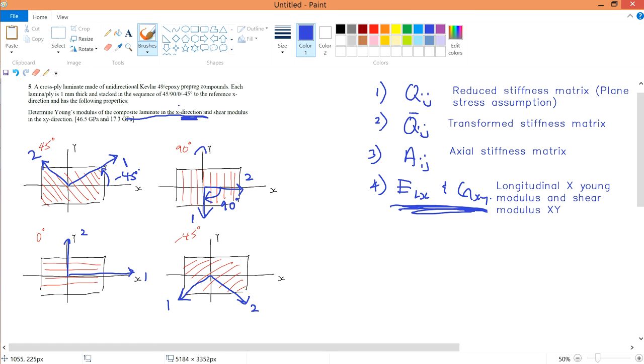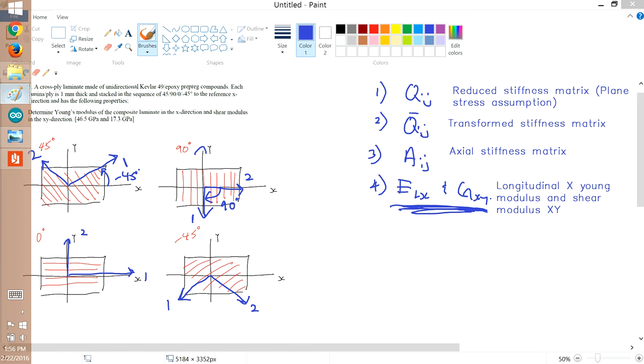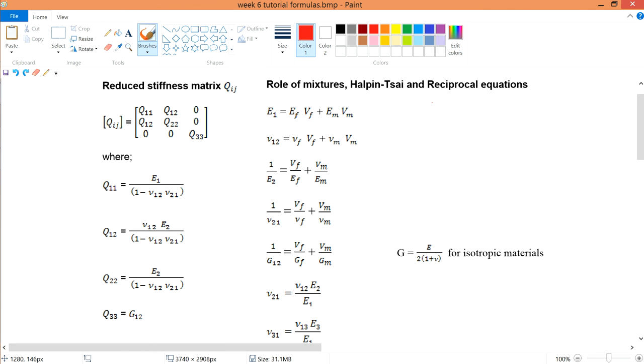They want it in the X direction, not in the 1-2 direction. But nonetheless, if another question asks for it, then you will propose this G12, that's all. It depends. So in order to calculate E1, you use these formulas, and the rest you can just check out. It's pretty straightforward, though troublesome as you need to memorize.